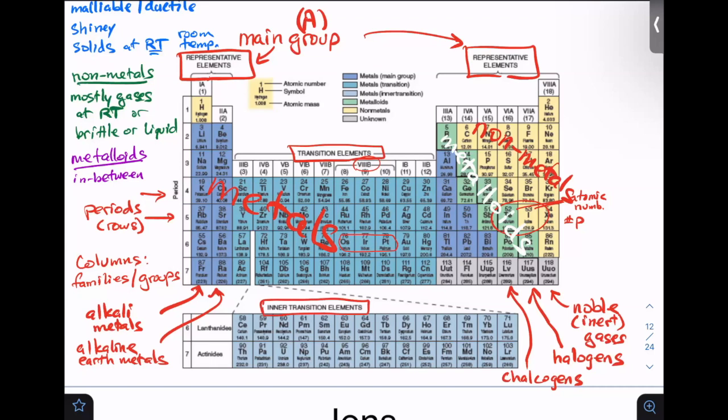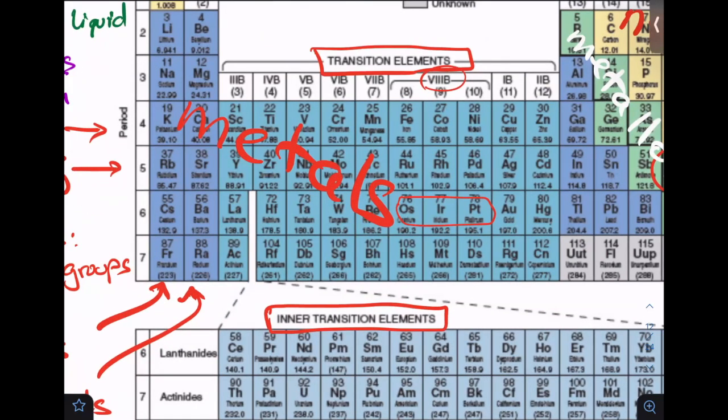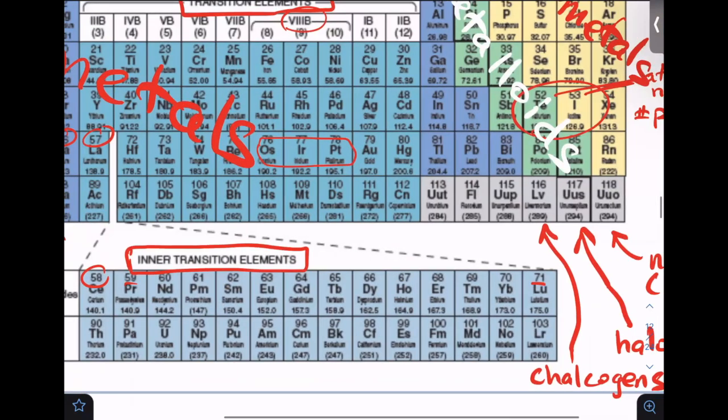You notice that they come in. If you follow the numbering, remember, these are all ordered by increasing number of protons, increasing atomic number. So we go from barium to lanthanum, 56, 57, and then we get to 58 down here, 59, and we'll go all the way to 71 before we come back up here to 72 hafnium. And it's just a way to save space.